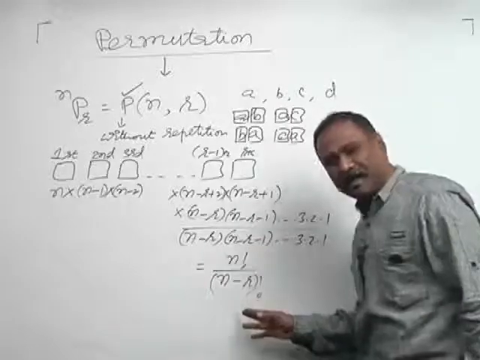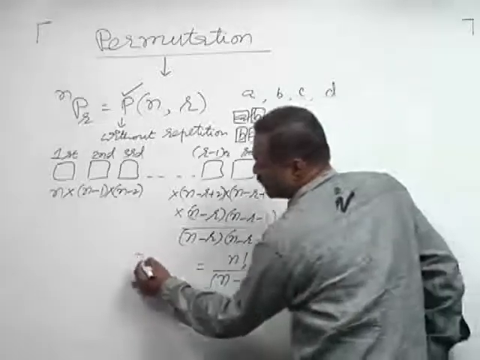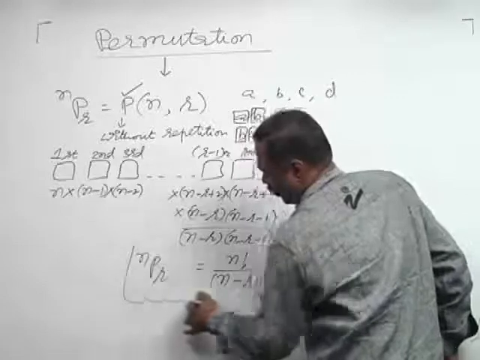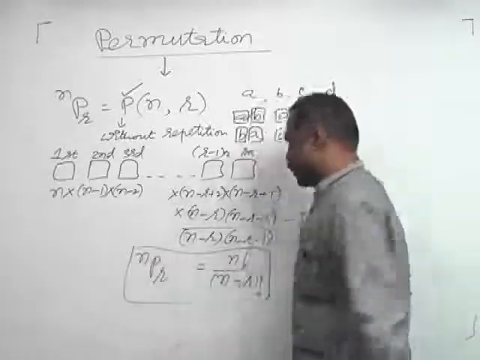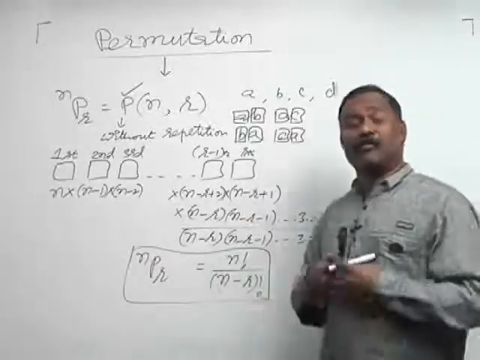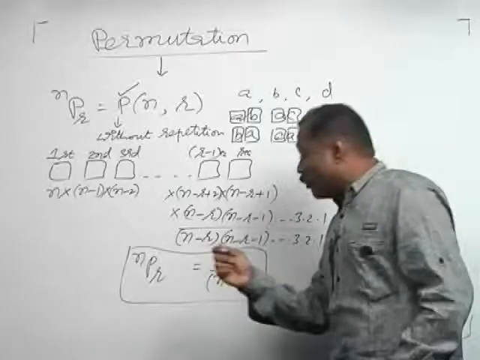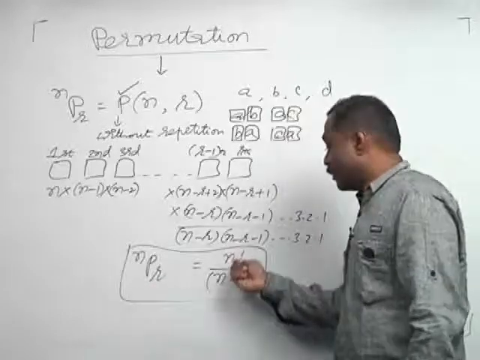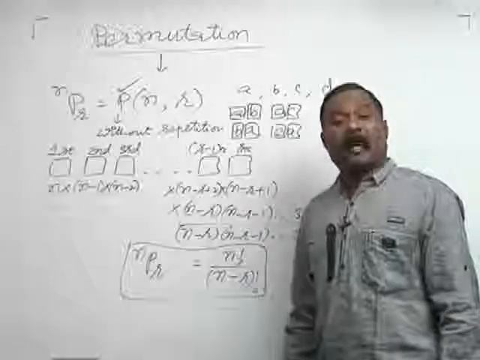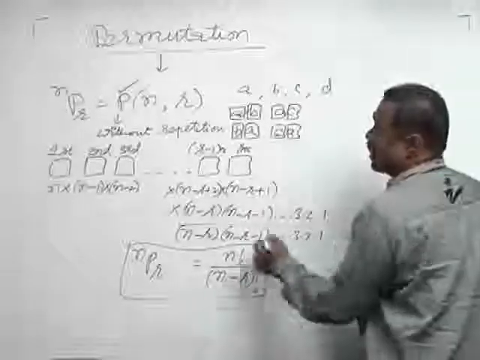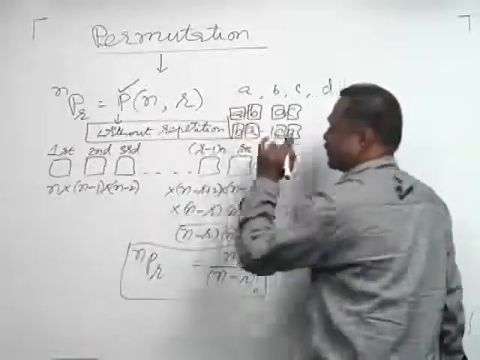It is nothing but N minus R factorial. So, understand, the formula for permutation NPR is nothing but N factorial upon N minus R factorial. Using the principle of counting, we have derived the formula for NPR as N factorial upon N minus R factorial. This is without repetition, please.